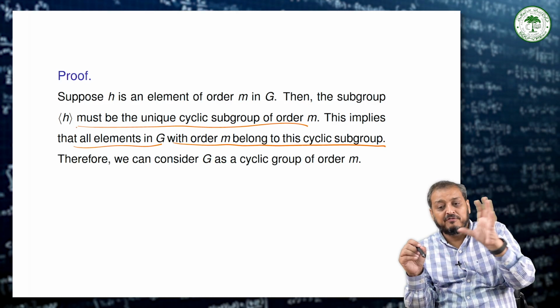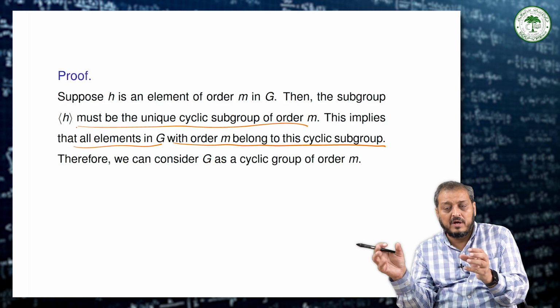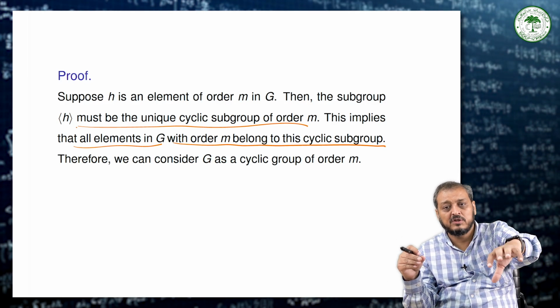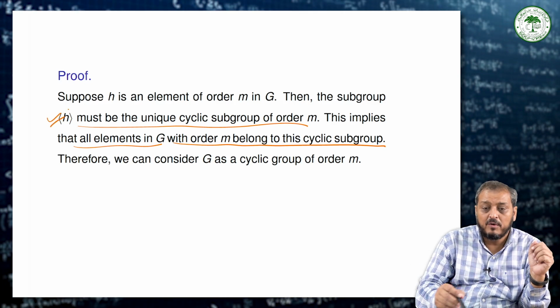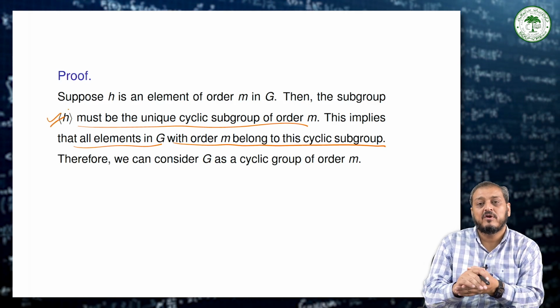Because the subgroup generated by h is the unique cyclic subgroup of order m, all group elements of order m are members of it.